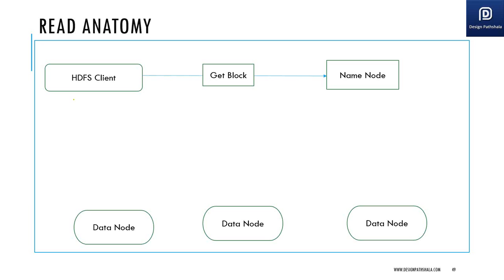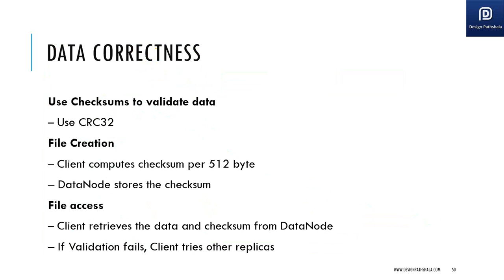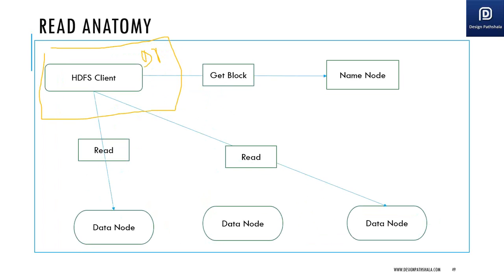I, as a client, might also be sitting somewhere on the network, say on data node 1, and if some blocks are lying locally over there, name node will always try to return the location of those blocks on the same node. So I get the location of the blocks, the nearest is taken care of by the name node, and I read those blocks from there. So read is pretty simple.